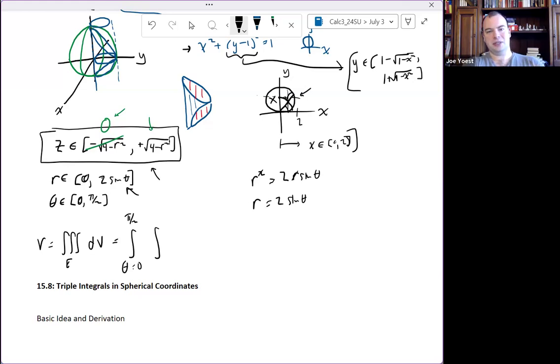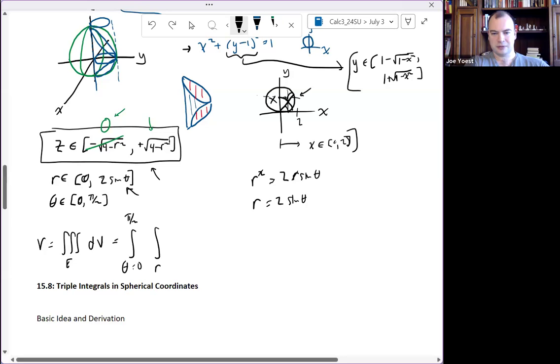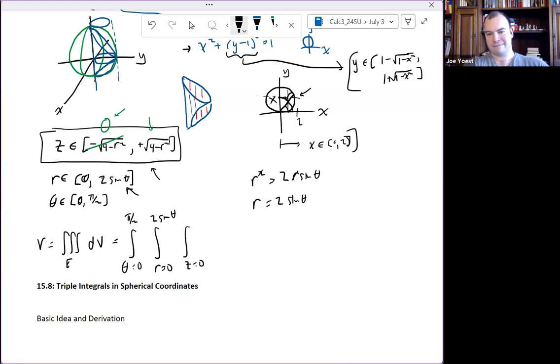So the z integral has to be inside the r integral, and the r integral has to be inside the theta integral. Okay, so we get that, and then we just get dv, which is r dz dr d theta.